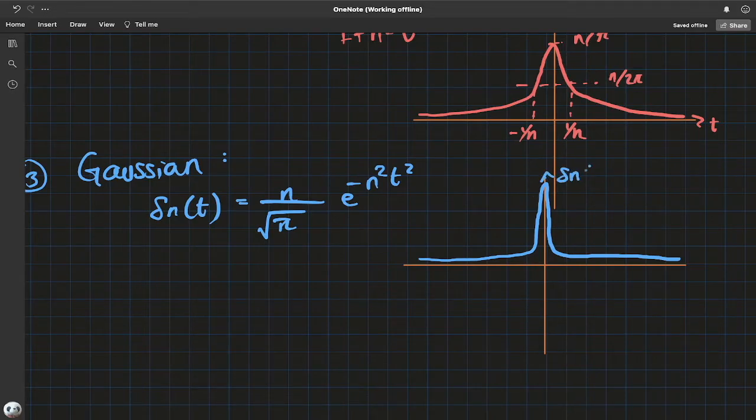This is delta sub n of t. This is t. At t equals 0, you're going to have n over square root of pi. You can clearly see that by plugging stuff in. If you plug in t equals 1 over n, you're going to have a 1 over e times n over square root pi.